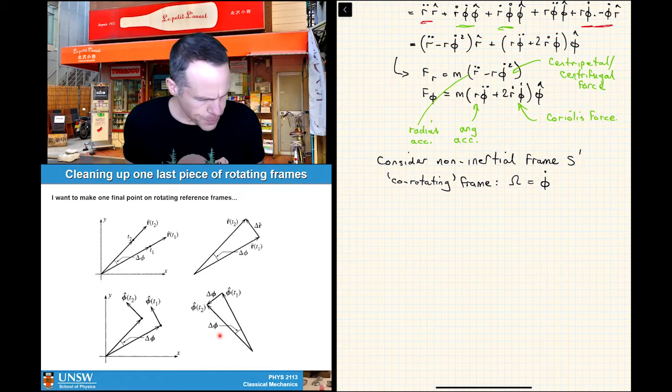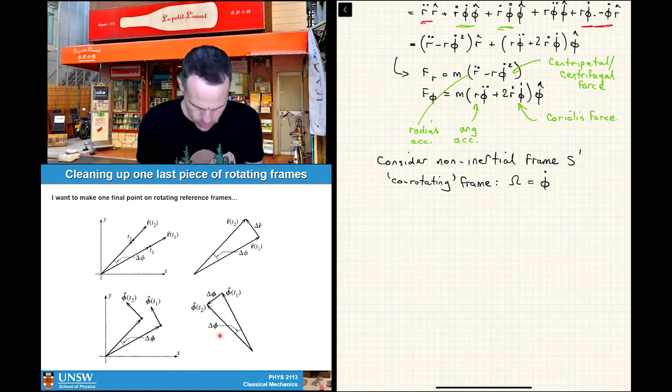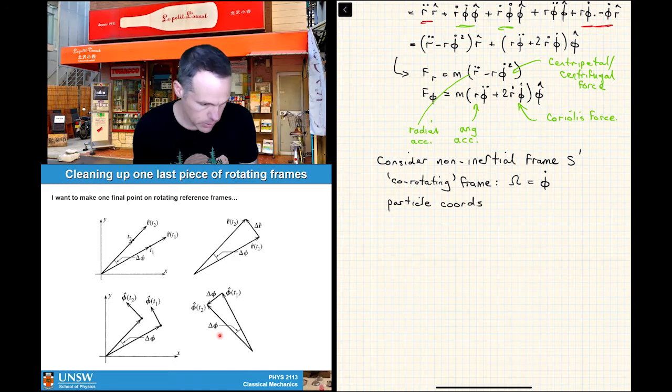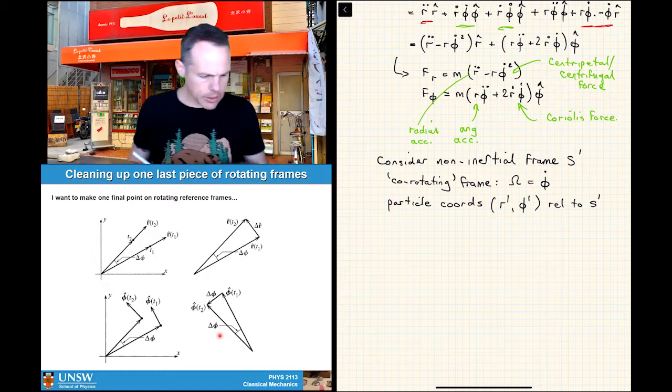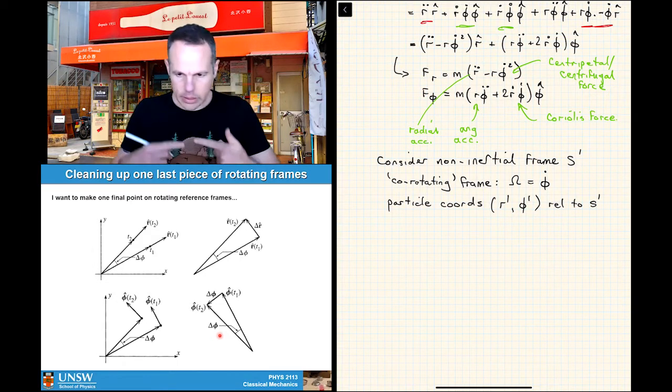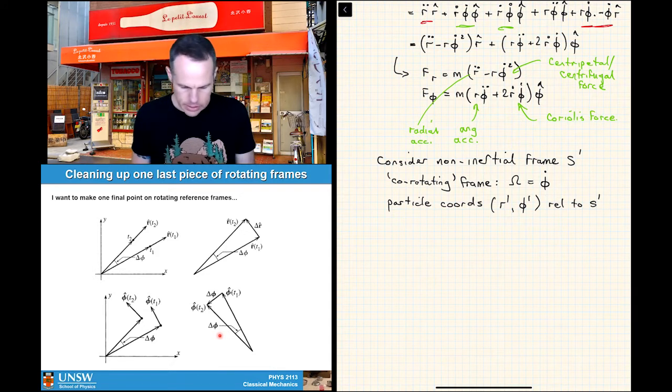All right, so we have an object, or we can call it a particle, and it has coordinates r dash and phi dash in that frame.